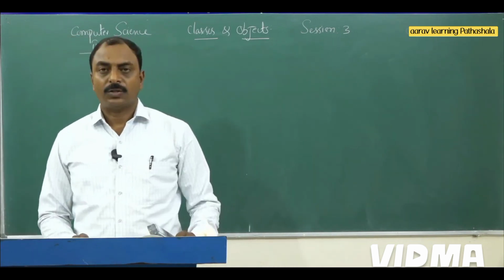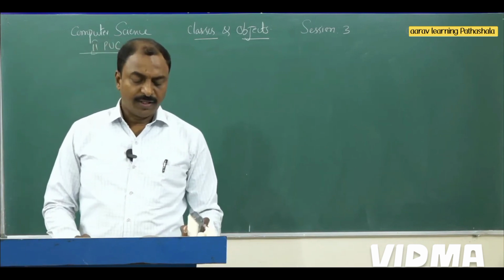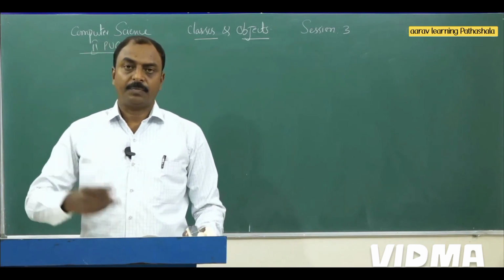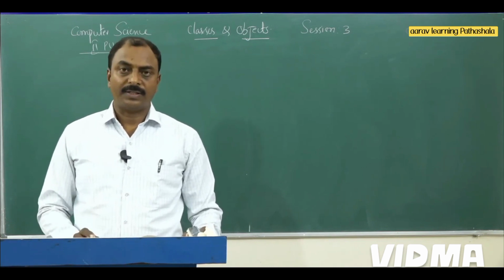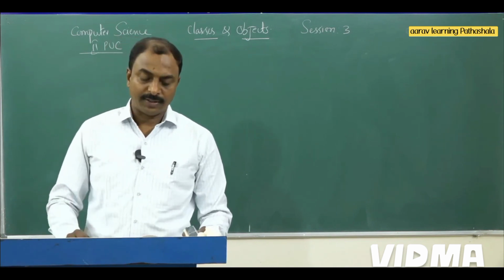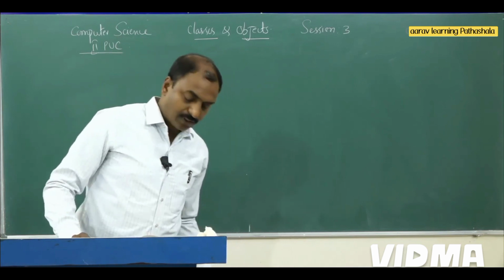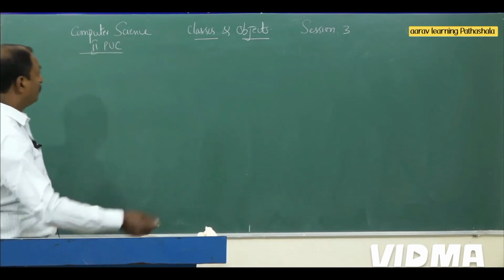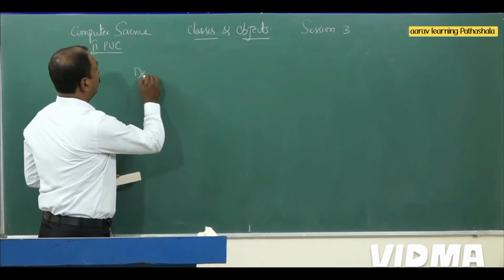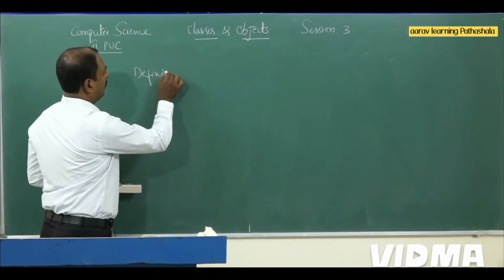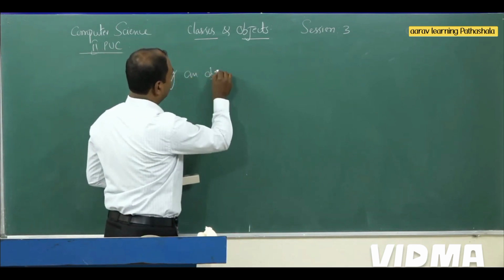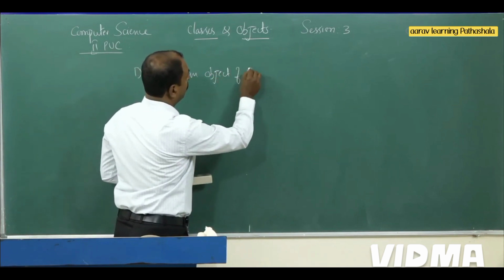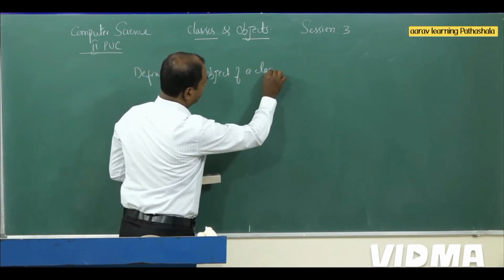Students, the next concept is how to define an object of a class, which is nothing but how to create an object of a class. Already you know one method, isn't it? There is one more method. So let us see which are those two methods. Next is defining an object of a class.